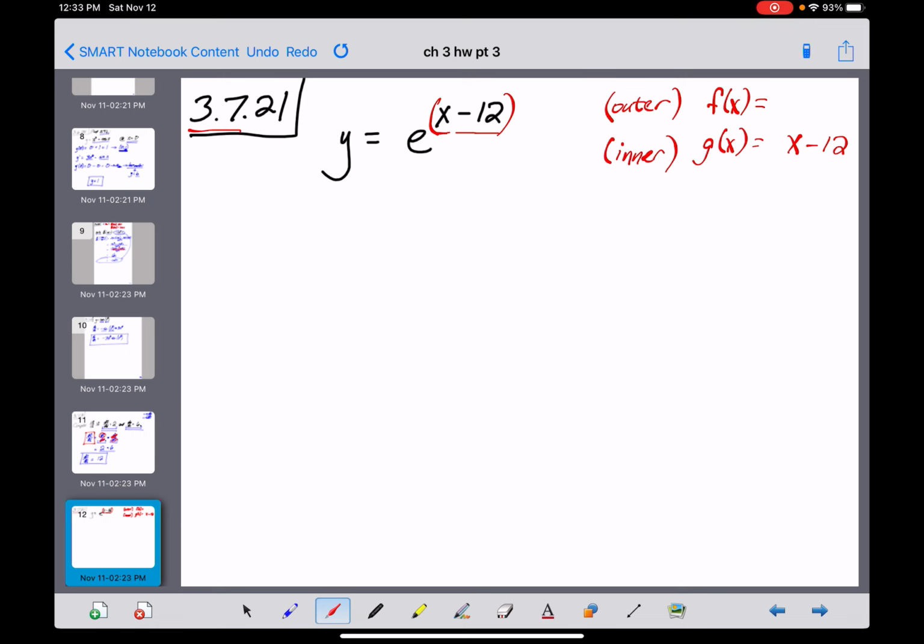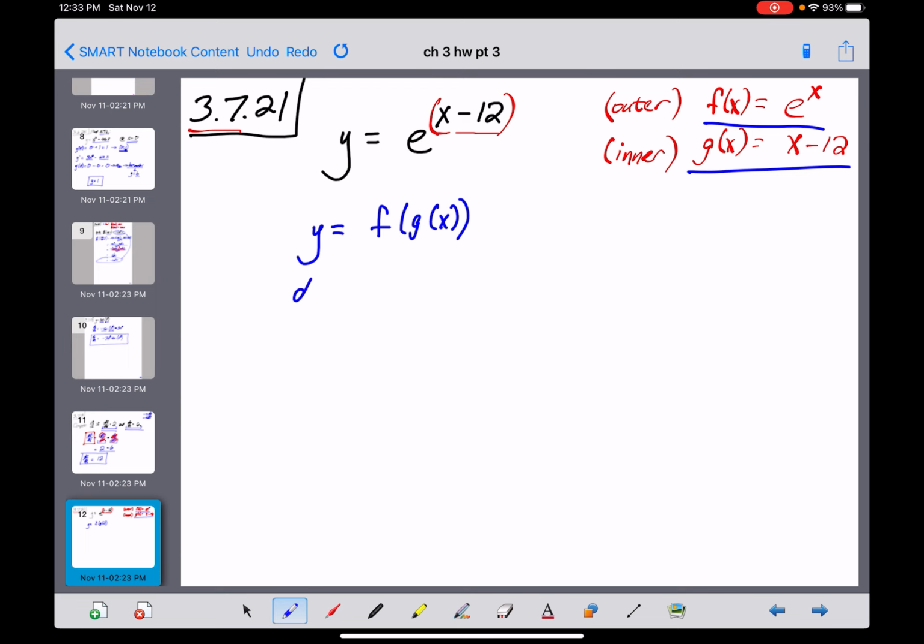Then, what is happening to the quantity x minus 12? They're exponentiating it. So our outer function, f of x, is e to the x. So really what's happening here, guys, this is a step that isn't necessarily a bad one to write, that y could just be written right there as that composition of f of g of x with these two definitions that we wrote over here.